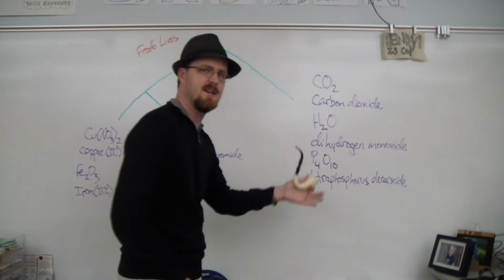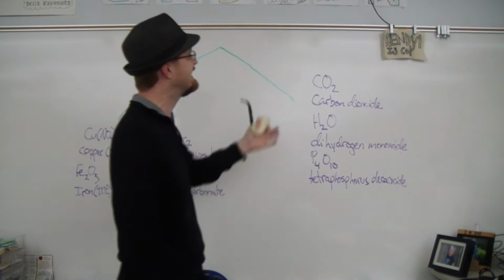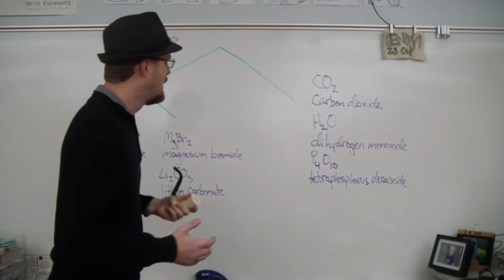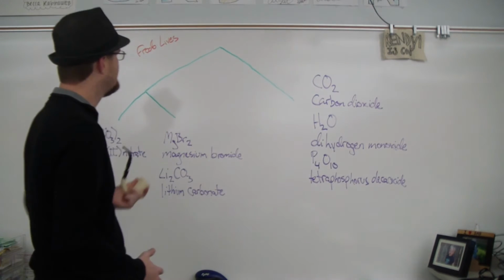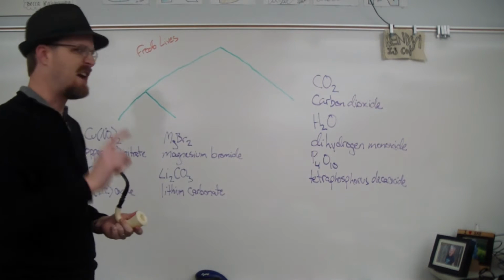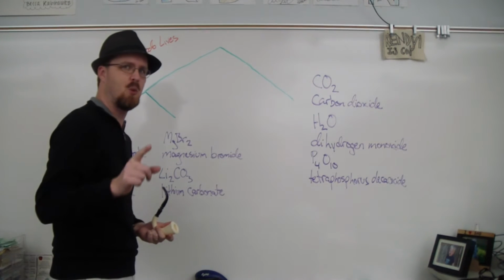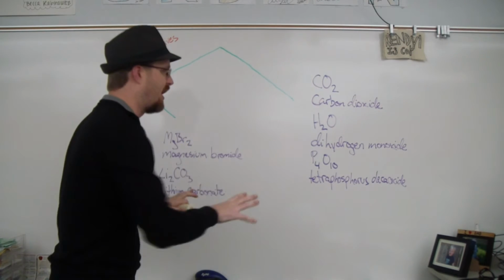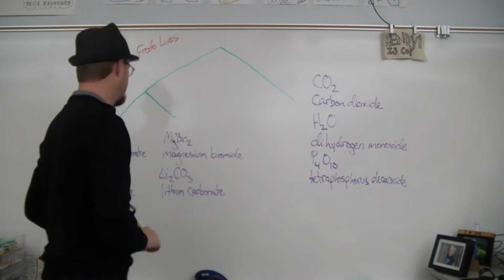Well, yes, these are all non-metals, making these covalent compounds. But what is the meaning behind the tree? I've got it. This must be a way to help us understand how to write the names of these compounds.